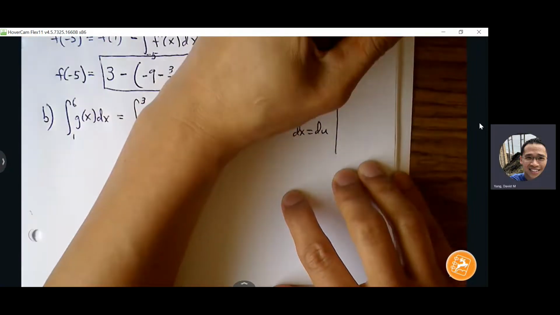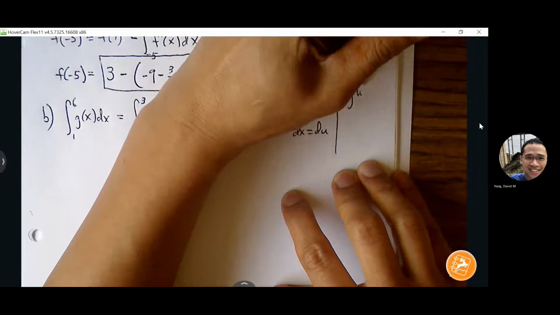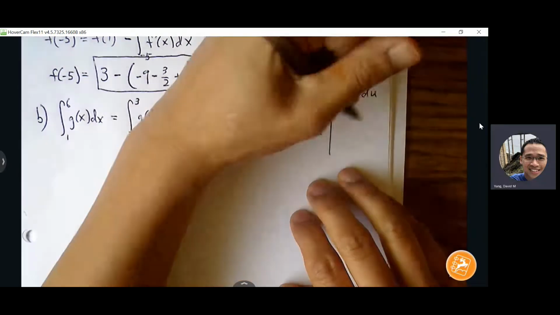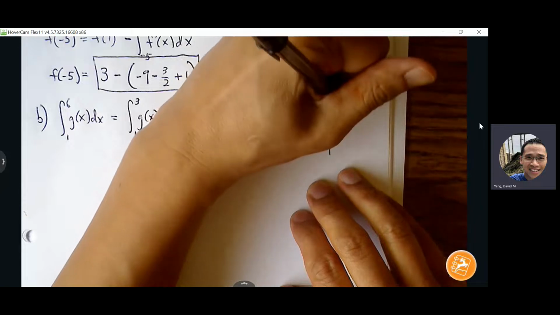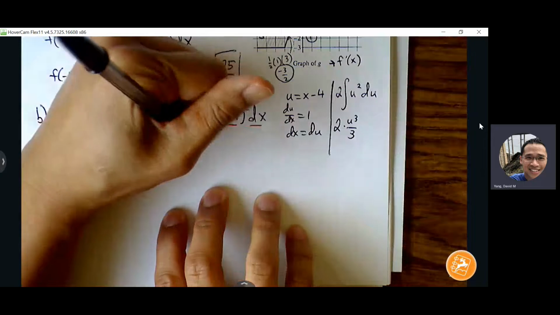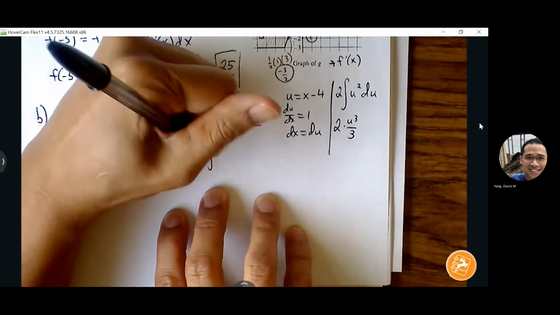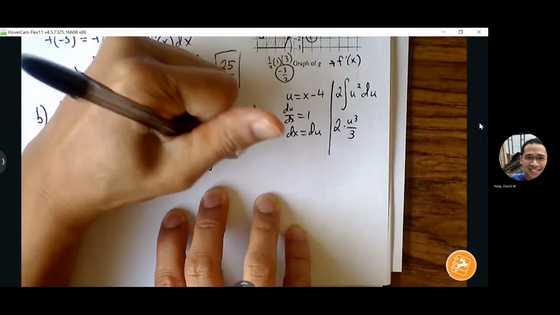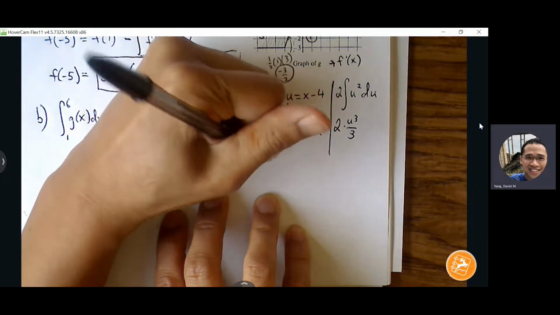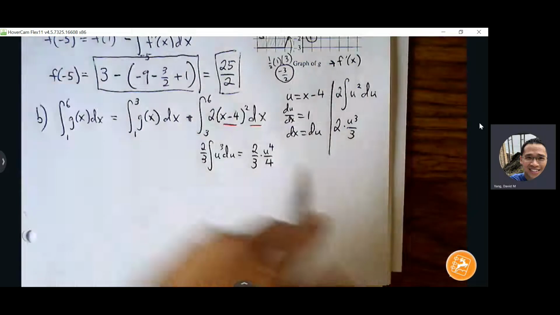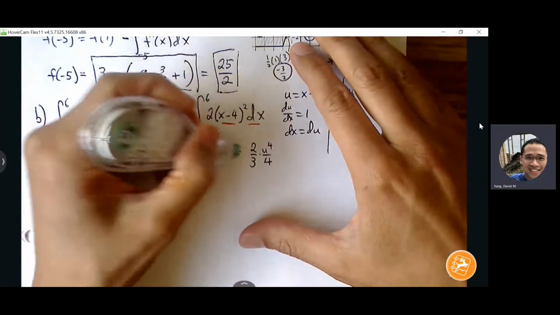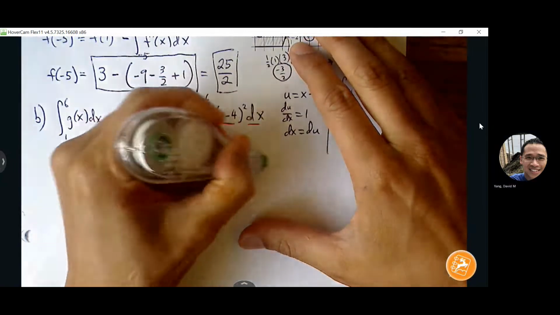Okay, we make our substitutions. We're left with power rule here. So 2 times u cubed over 3. We bring that out as 2/3. And that gives us 2/3 u to the 4th over 4. Oh, sorry, I already did power rule here. My bad. I already did power rule, so my integral should be gone.